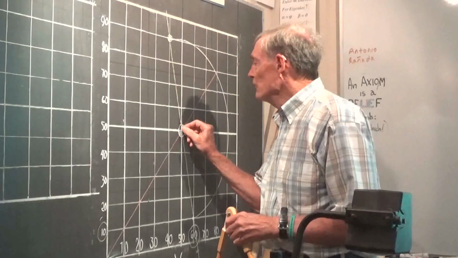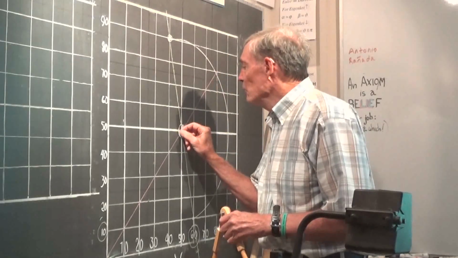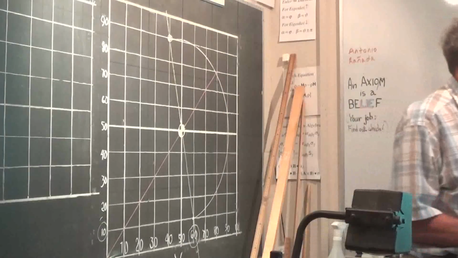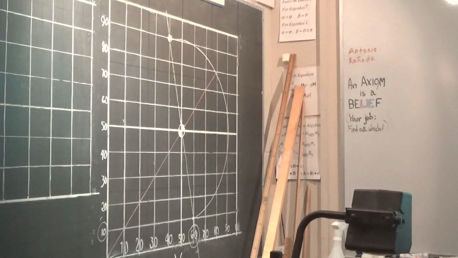I should have used yellow here, but bear with me. That is what we call the center of momentum point. That's this thing we'll be referring to as COM.